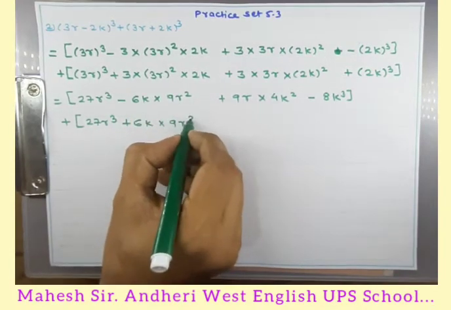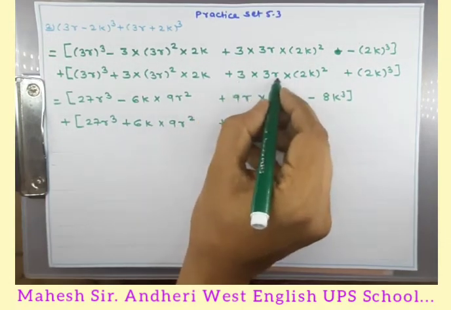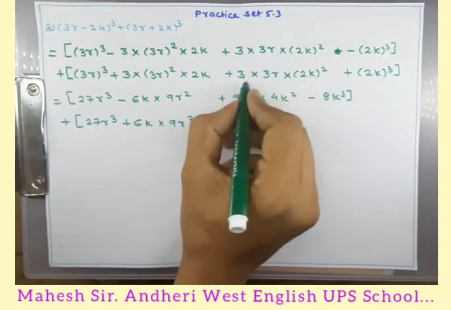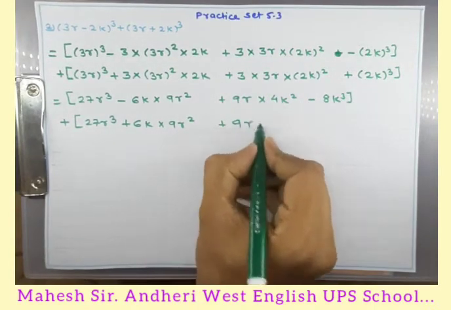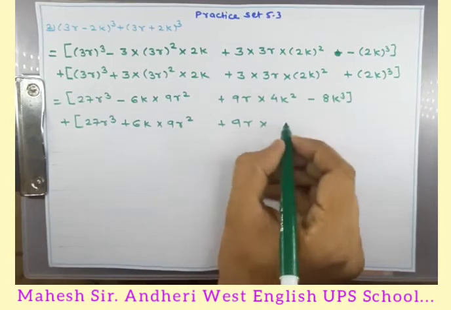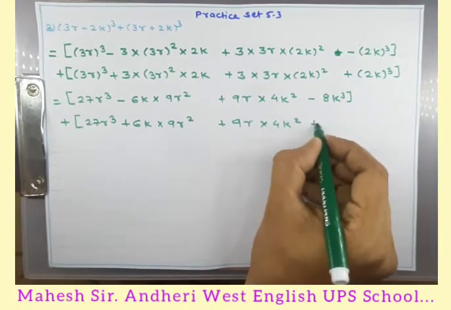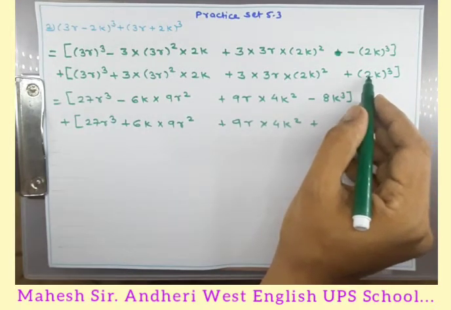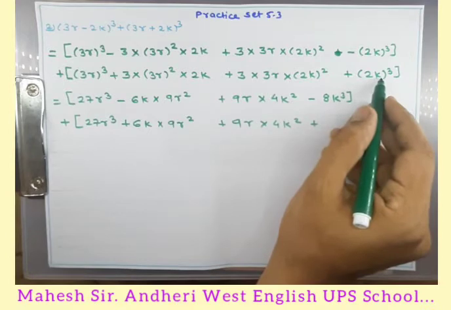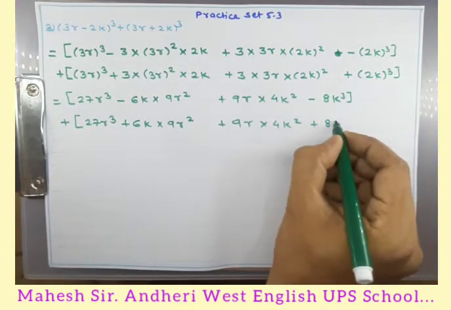Plus 3 into 3r and (2k) square: 3 threes are 9r multiplied by (2k) square. 2 square is 4, and k square is k square, plus (2k) cube. First the cube of 2, which is 8, and k cube is k cube.